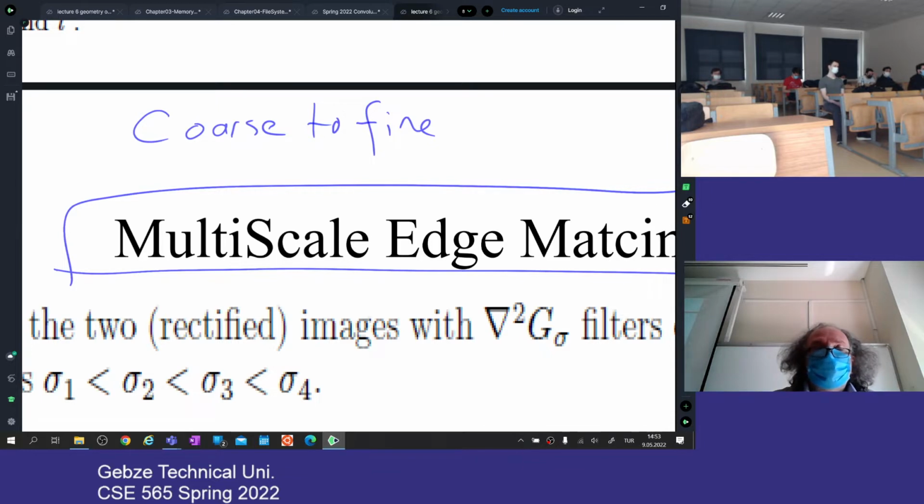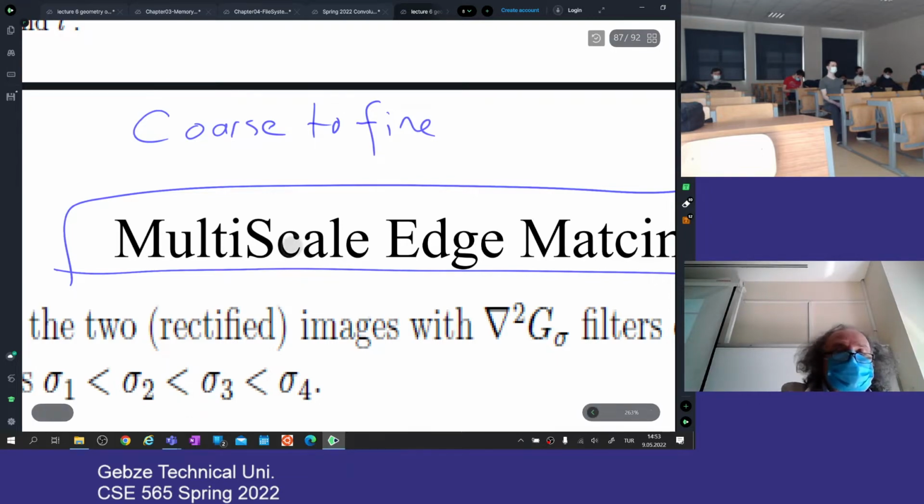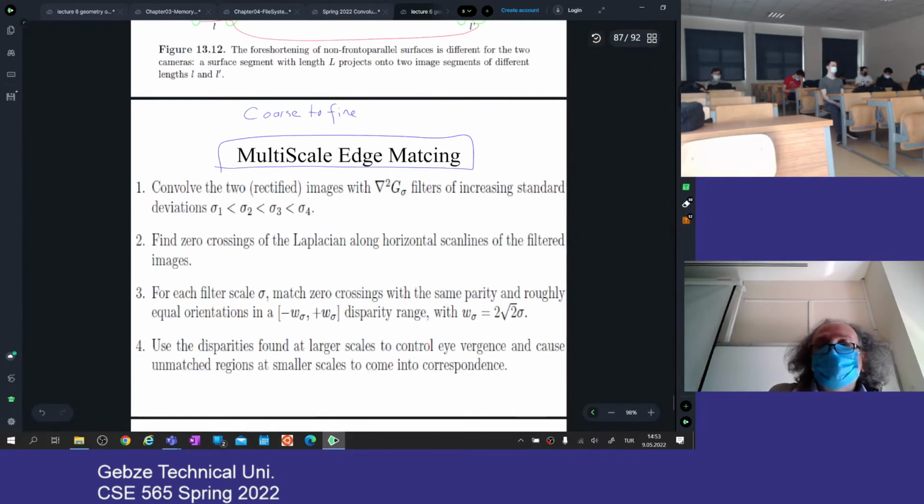Sometimes we do this for stereo, sometimes for motion, sometimes for object detection, and so on. Solve your problem approximately on a coarse, smoothed image. That will get you the general structure of your problem. Then work your problem on a finer level image. Coarse to fine approaches and multi-scale approaches, and this is a multi-scale approach.